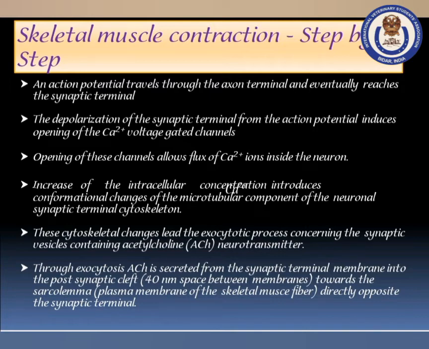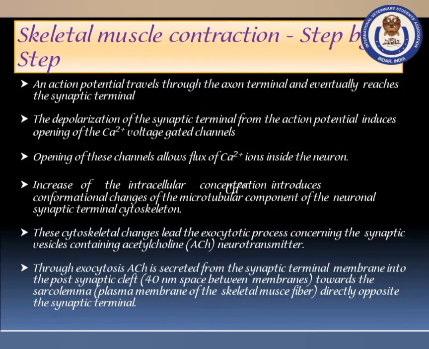Increase of the intracellular calcium concentration introduces conformational changes of the microtubular component of the neuronal synaptic terminal cytoskeleton. These cytoskeletal changes lead to the exocytotic process concerning the synaptic vesicle containing acetylcholine neurotransmitter. Through exocytosis, acetylcholine is secreted from the synaptic terminal membrane into the synaptic cleft towards the sarcolemma, directly opposite the synaptic terminal.